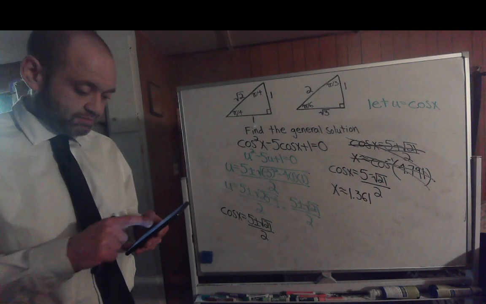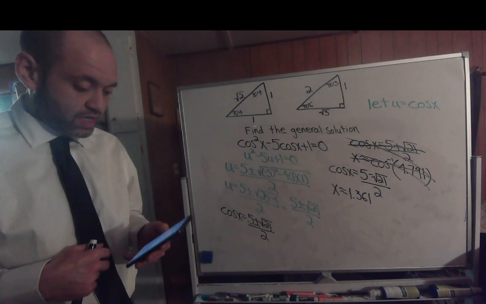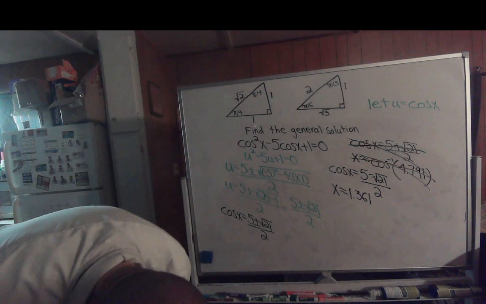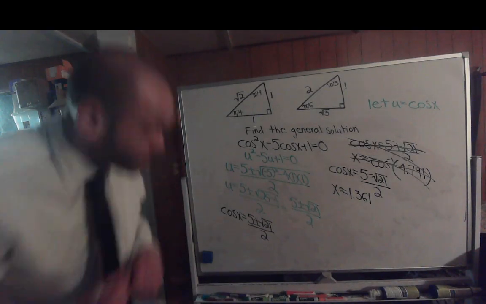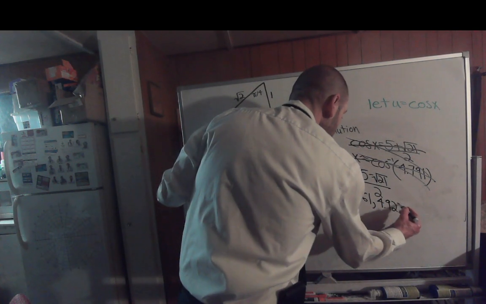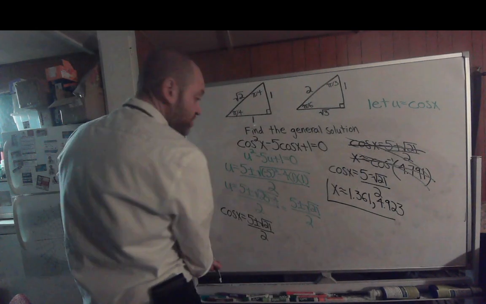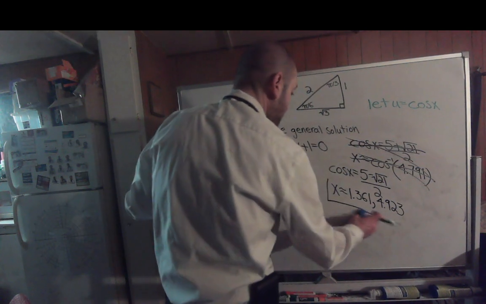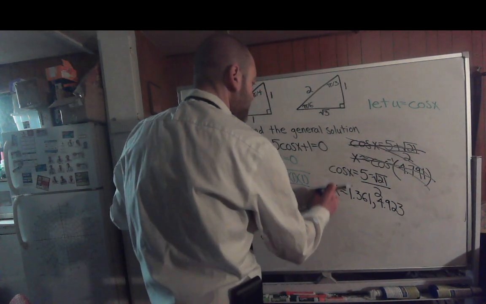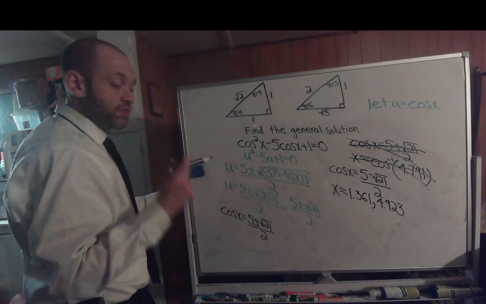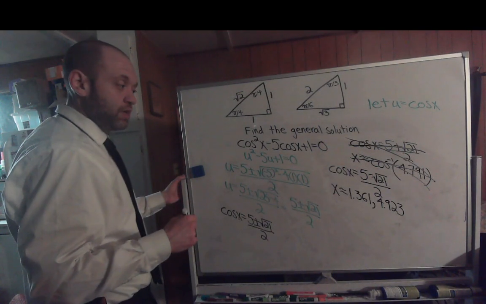Let's add that to pi. You would get about 4.923. So those are just the solutions for your second and third quadrant in general.